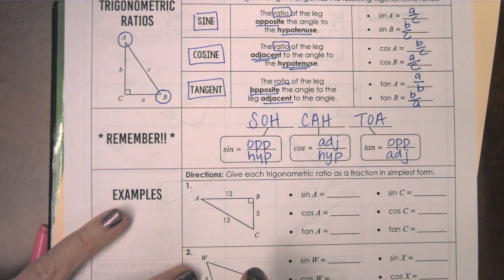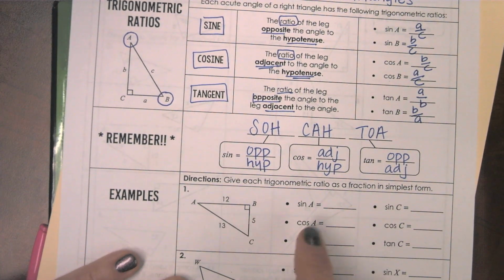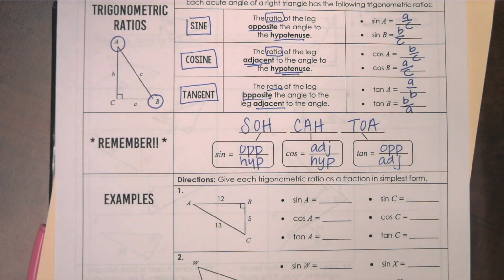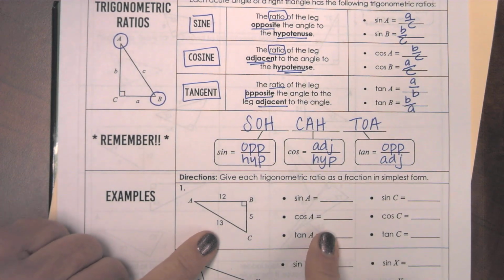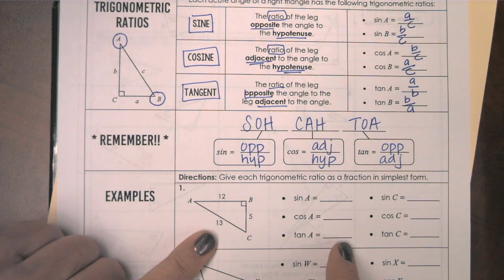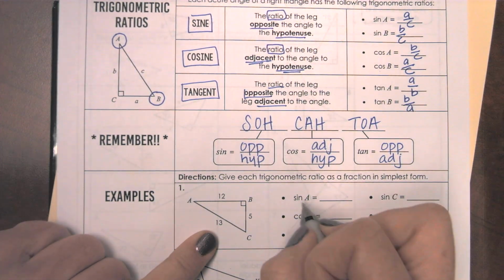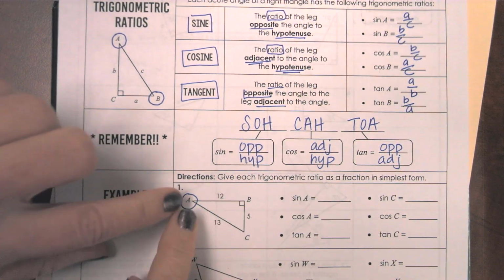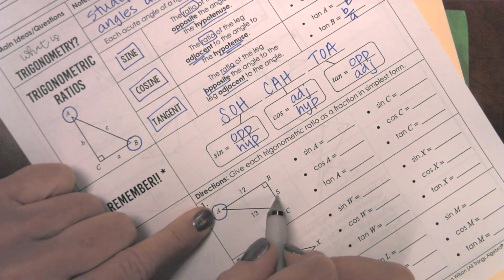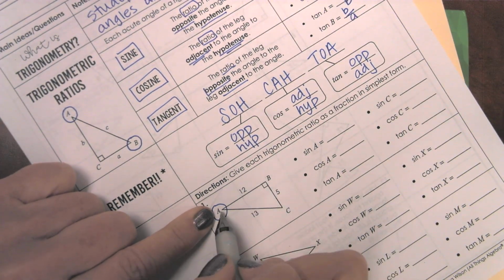Okay, so let's go ahead and try one of our problems here and write our ratios as fractions. I will get started with one and then I know this is a long video. Bear with me. We'll do a few. Okay, sine A. If this is sine A, I'm going to circle A. That means I'm standing here and I'm looking at my other numbers.